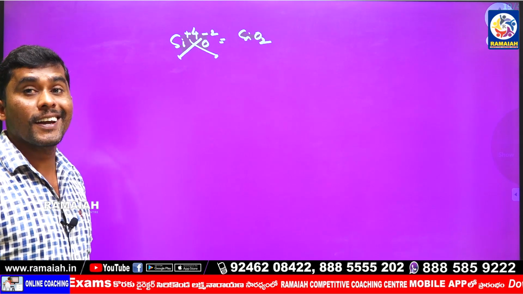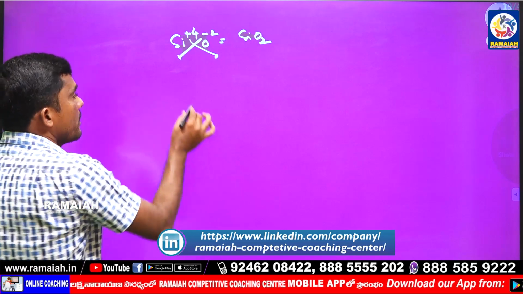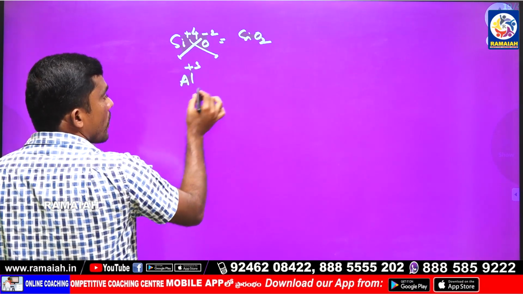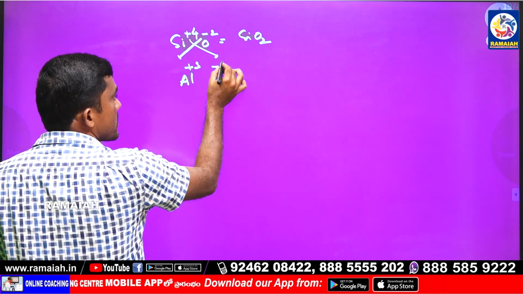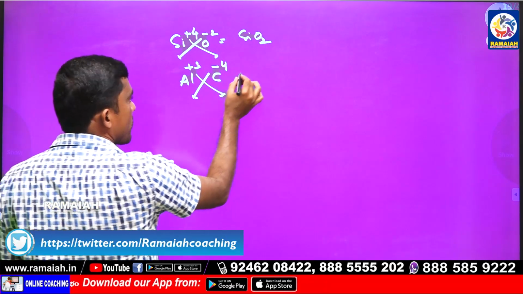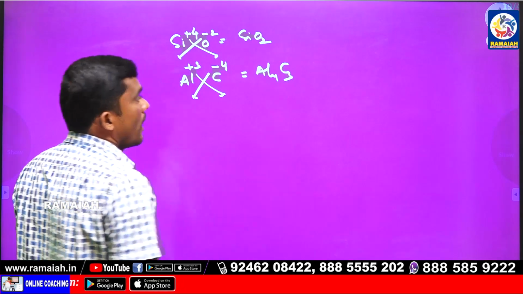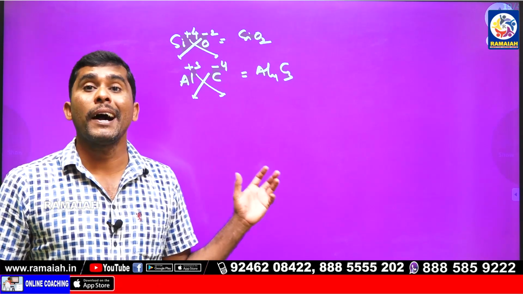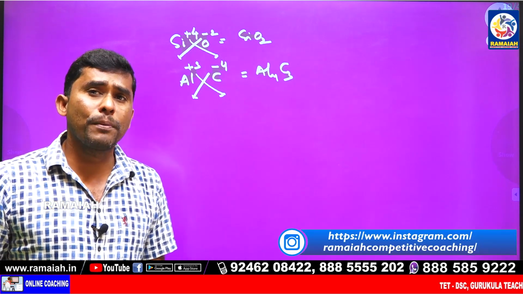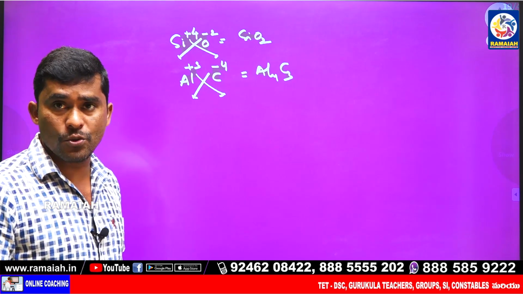Okay, silicon dioxide. Aluminium carbide. Aluminium means Al plus 3. Carbide is C minus 4. So then the formula is Al4C3, aluminium carbide. For example, cuprous oxide. Cuprous means Cu plus or Cu plus 2?